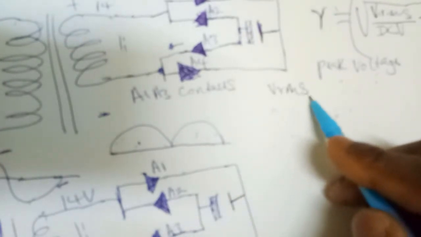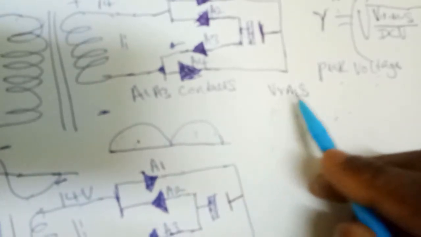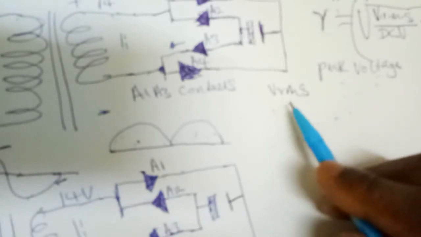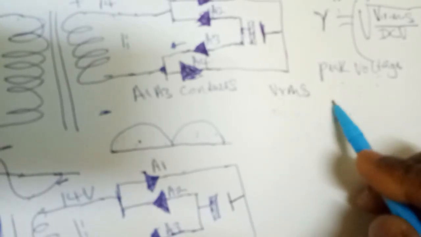Voltage root mean square is an AC voltage compared to a DC voltage that will produce the same heat as that DC voltage when given the same resistance.